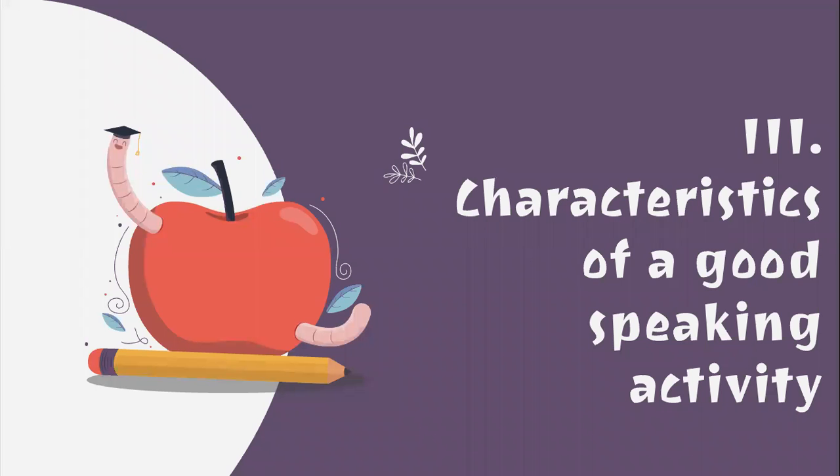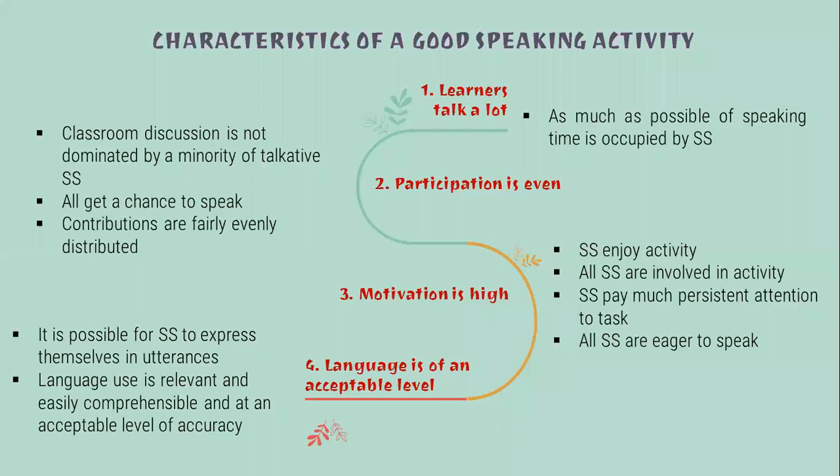So now we move to the characteristics of good speaking activities. There are 4 characteristics of good speaking activities. The first one is learners talk a lot. As much as possible of speaking time is occupied by students.